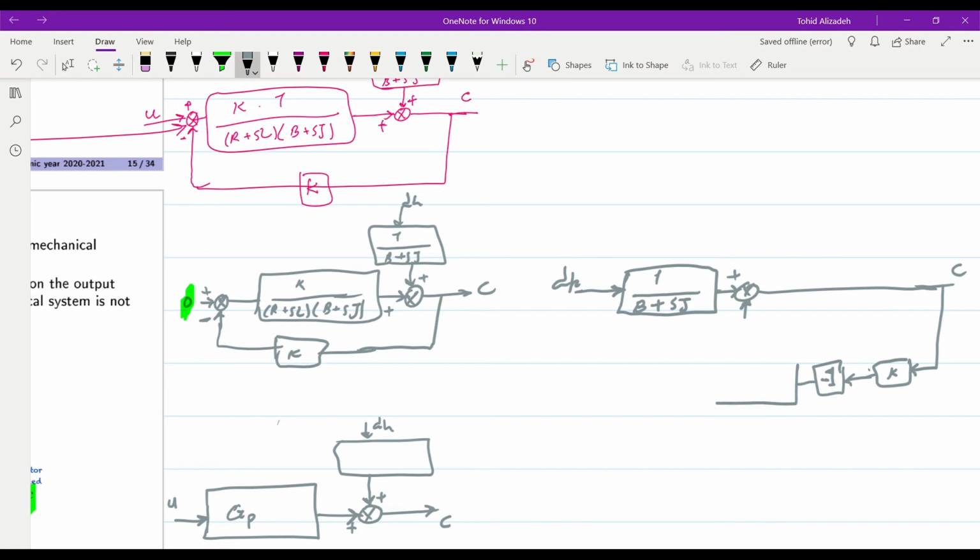And then we have K over (R plus SL)(B plus Sj), which is giving us the signal to be added at this summing point.